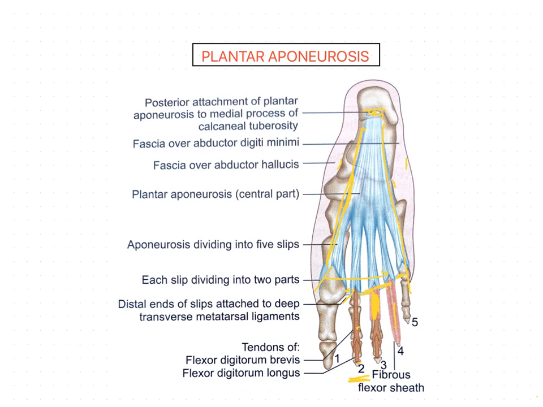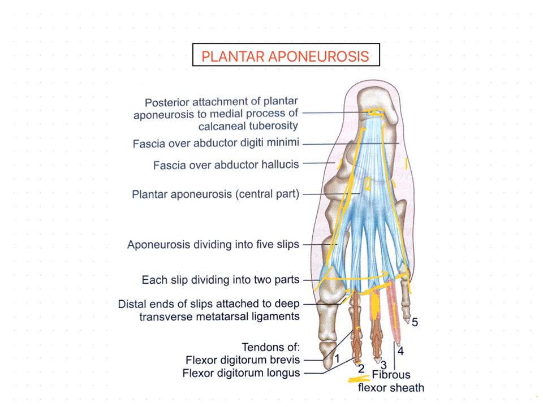If you see the applied anatomy, we can find a condition called plantar fasciitis. That means inflammation of the plantar fascia, which causes very severe pain and tenderness of the sole of the foot, and it occurs in persons who do a great deal of standing and walking.